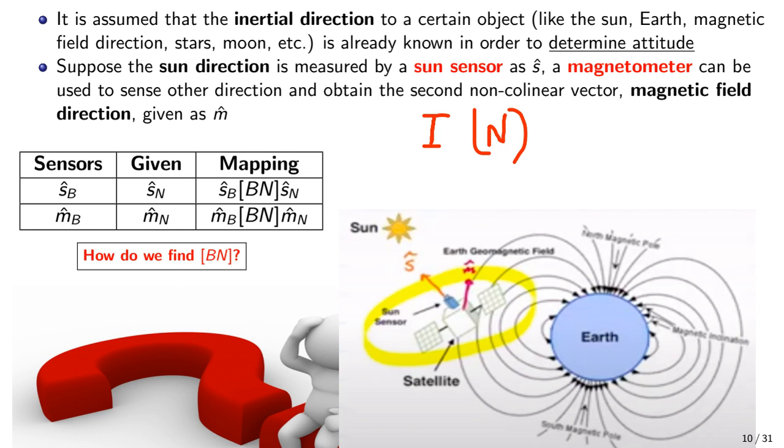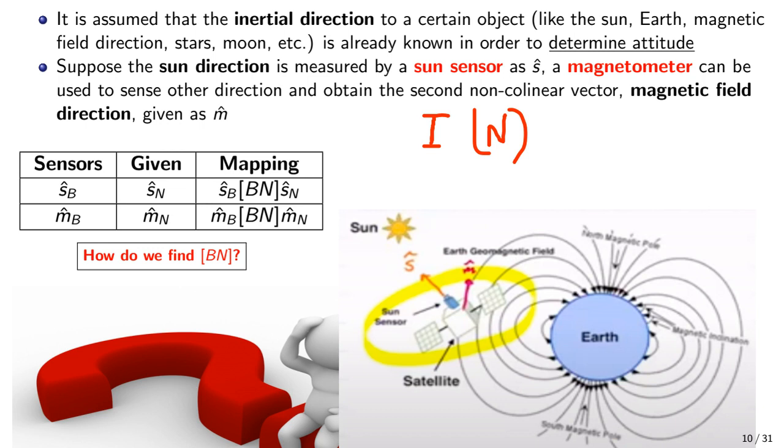So you have the measurement by, let's say, the sun, represented as SB, the one from the magnetometer, represented by MB, and then you have the given, which has to do with your inertia, and here I've represented it by SN, and that's the sun. N is the inertia, M is the magnetic field, and this is with respect to the inertial direction.